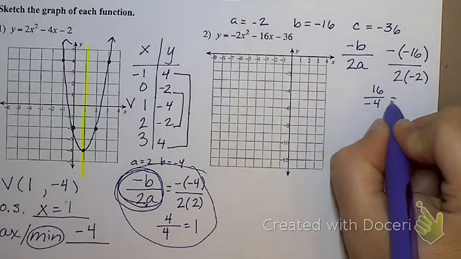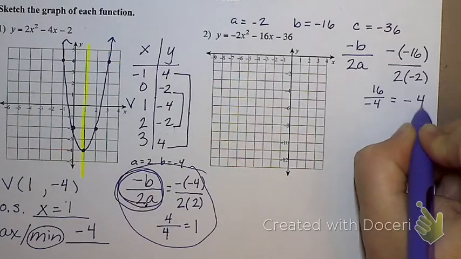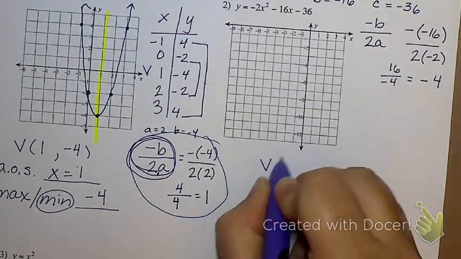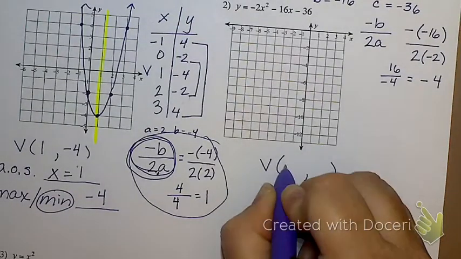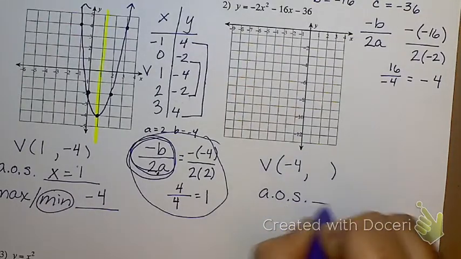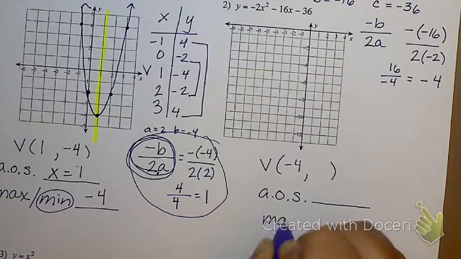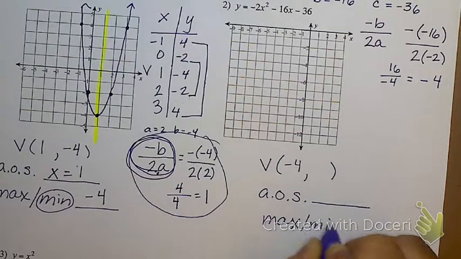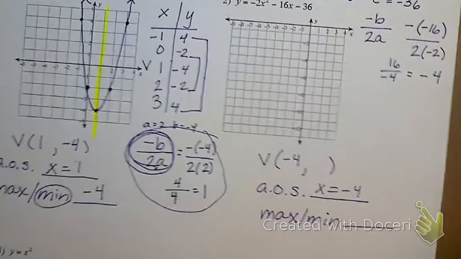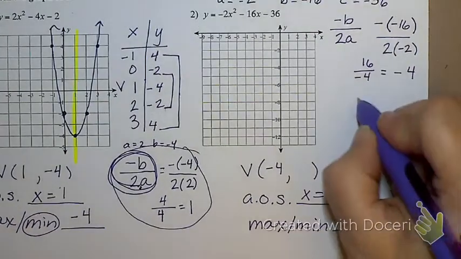What does that become? Negative 4, right? What did I just find? The x value of my vertex. Which means what about my axis of symmetry? It's x equals negative 4. As I get all my stuff listed there.